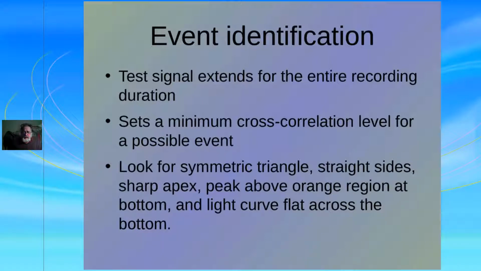As the cross-correlation progresses, the plot will center itself on the most promising event, and you can see the cross-correlation bit growing. And what you need to look for in a real event is a symmetric triangle with straight sides, a sharp apex, a peak above the orange region at the bottom, which is the minimum cross-correlation level, and the light curve being flat across the bottom. Next slide.